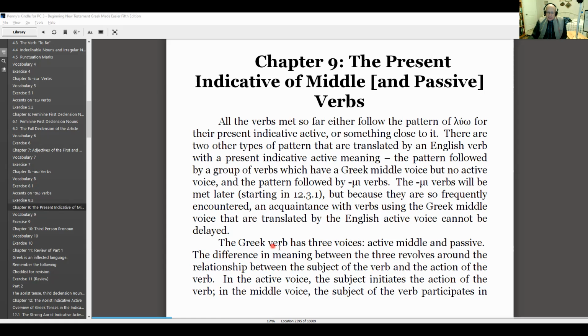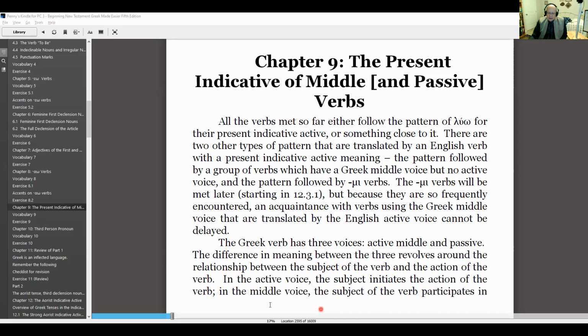Right now, we need to remember that the Greek verb has three voices. We just learned about this in our last two videos: the active, the middle, and the passive. The difference in meaning between these three revolves around the relationship between the subject of the verb and the action of the verb. In the active voice, the subject initiates the action of the verb.